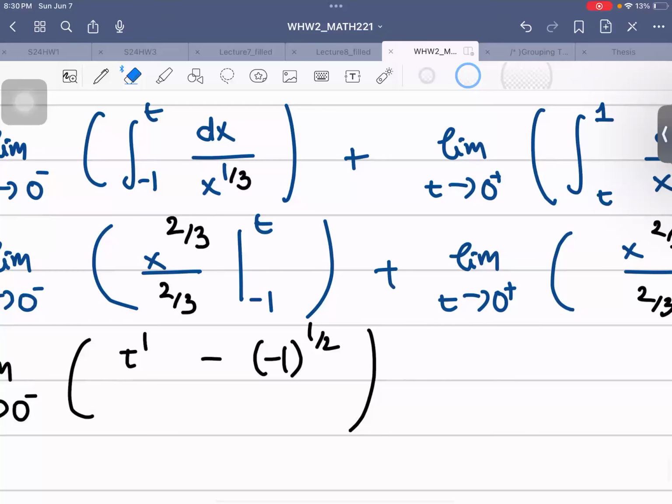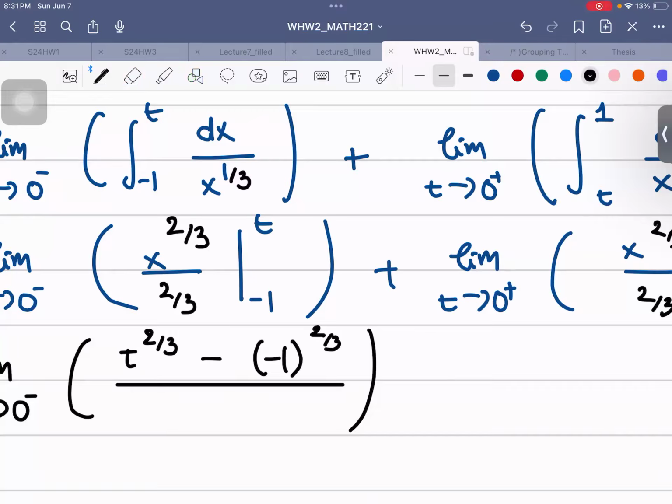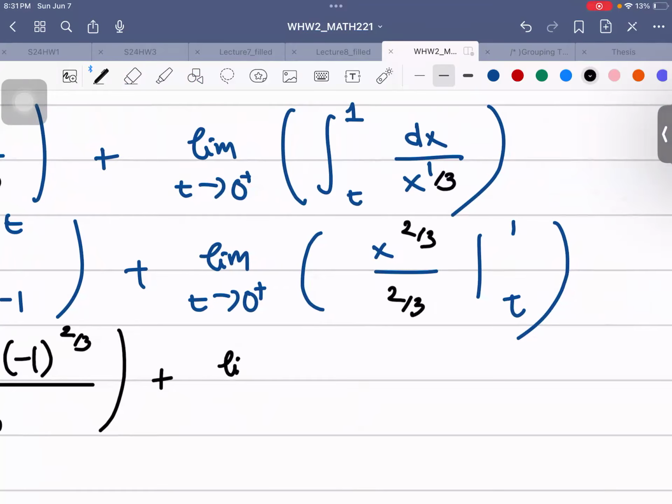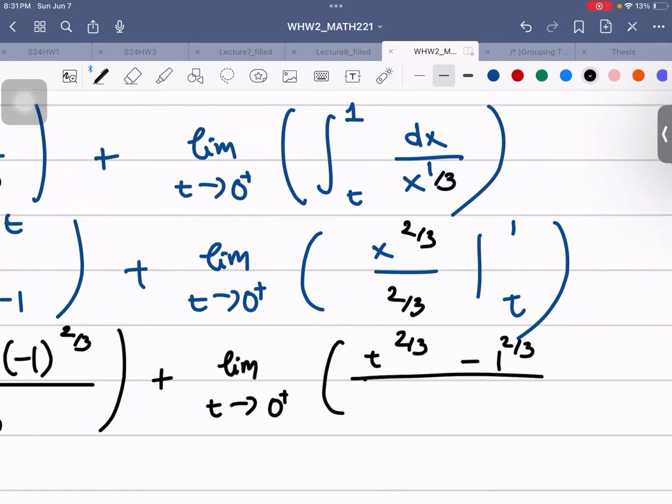Okay, 2/3, divided by 2/3, plus the limit as t approaches 0 of t^(2/3) minus 1^(2/3), divided by 2/3.